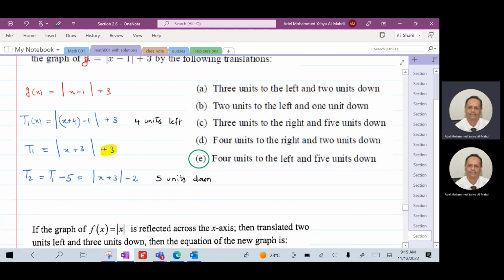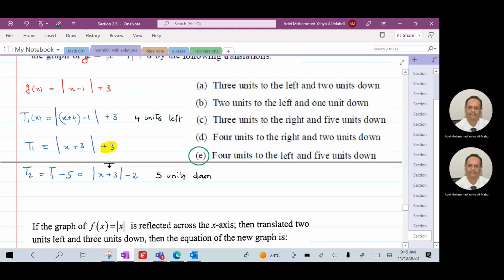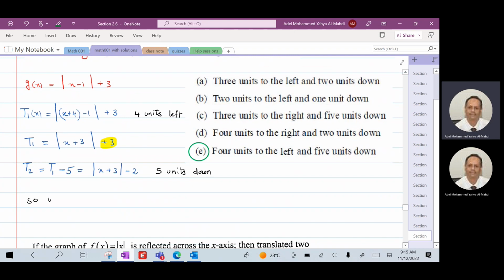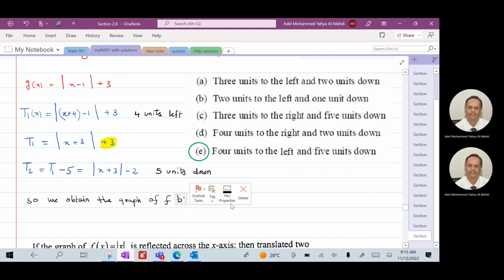So we obtain the graph of f from g by transforming 4 units left and 5 units down.